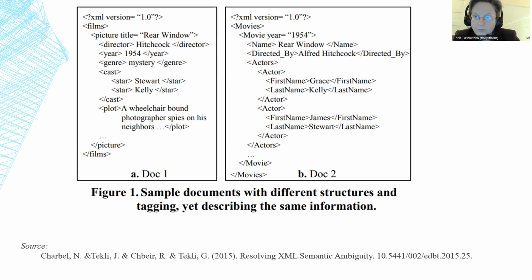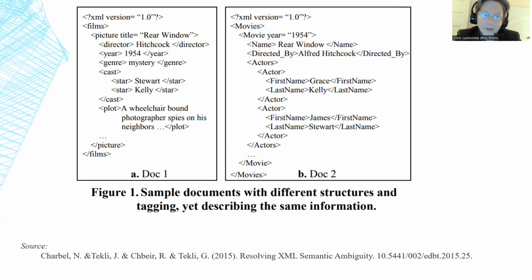In document 2, movies is the root element. So there we have two different terms with the same meaning. And you might say, well, films is polysemic. Which films are we talking about? Movie films? Photographic films? We don't know.